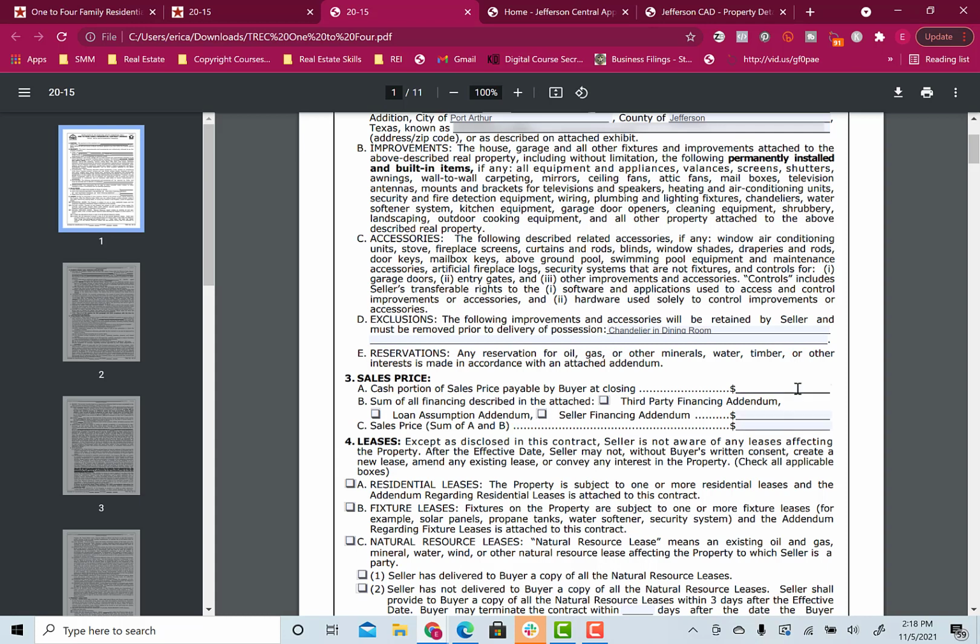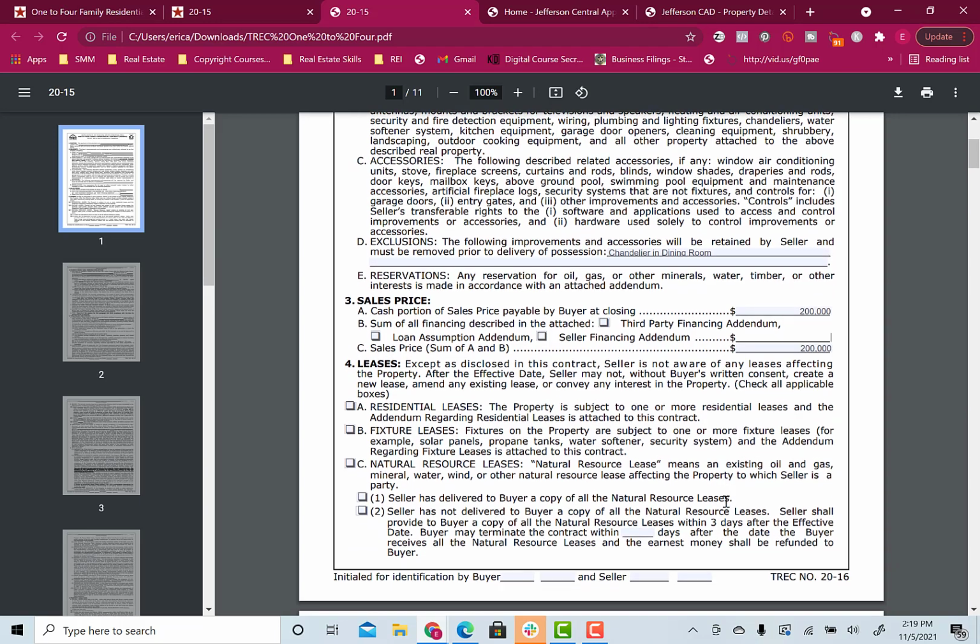So in this investor side, we'll say that you're buying a house for $200,000, and you would put $200,000 here. And again, even if you're using hard money lending, we would not put that in this particular spot, because that third-party financing addendum is not used for that.